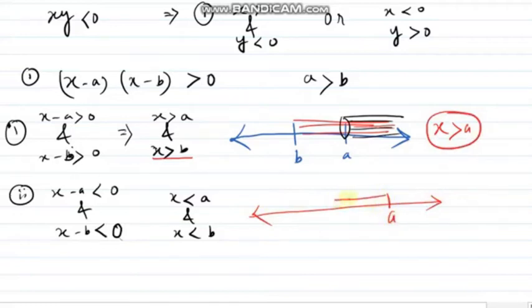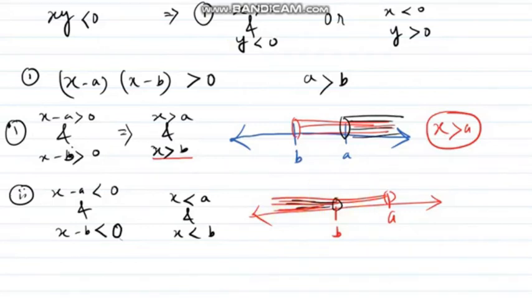Now for this case, x is less than a. X is less than a means it will be like this, with an open point, because x is less than a, it's not equal to a, right? And if this is b, x is less than b. So x less than a was towards this direction, and x less than b will be in this direction.